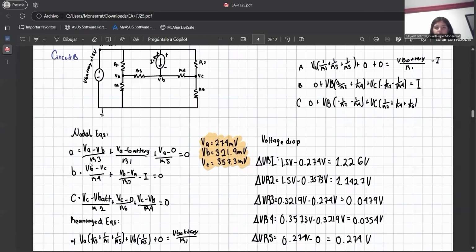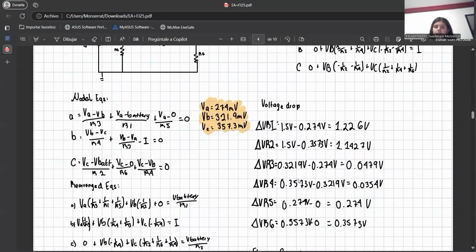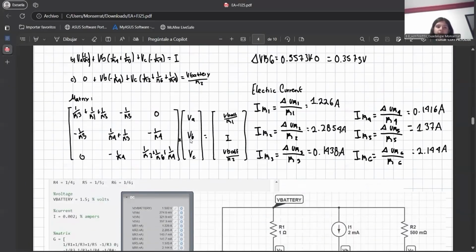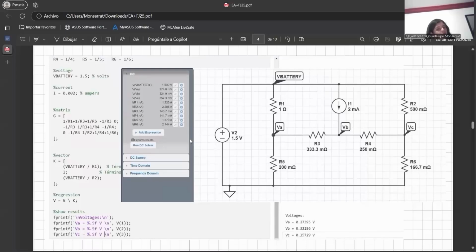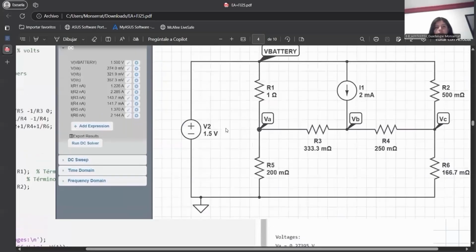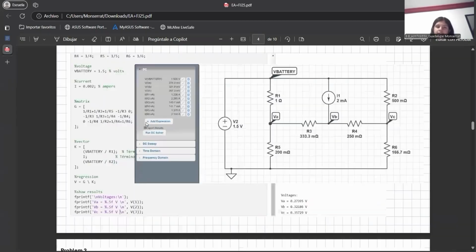Then we have to carry out the nodal equations, the rearranged equations, the voltage drop, and its electric current, and also the matrix. With the MATLAB code, we could get almost the same voltages as in the CircuitLab circuit, and also the electric currents were the same.